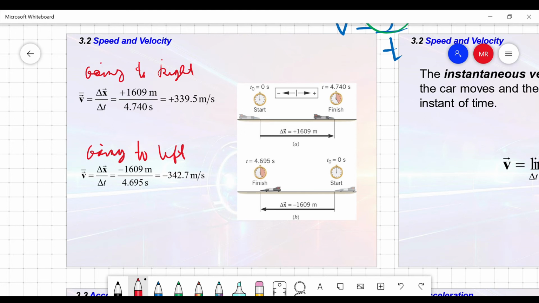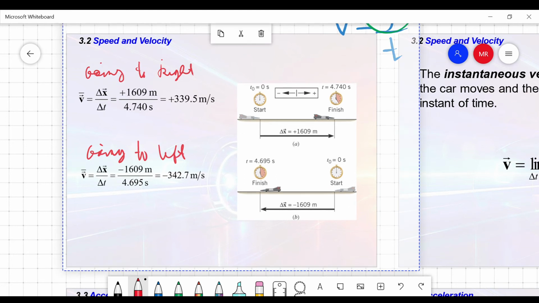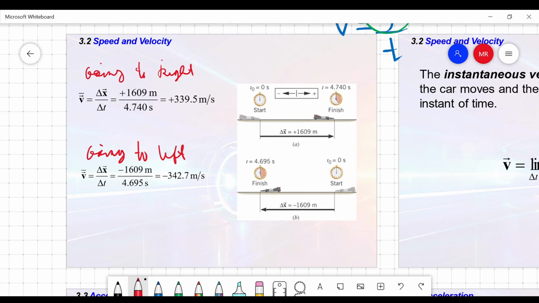So, if this is the data, for example, masasabi natin na meron ng effect yung hangin. Okay, so saan nagbubulo yung hangin, for example, kung ganito yung data. So, going to the right, ito yung speed niya. Going to the left, ito din yung speed niya. So, mas mabilis yung going to the left, 342.7 meters per second.